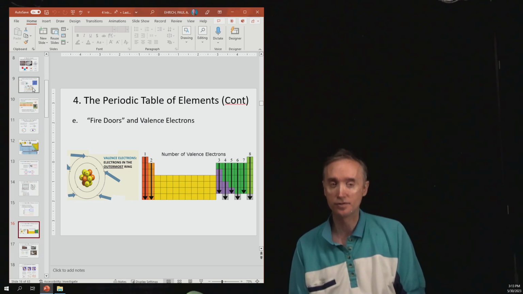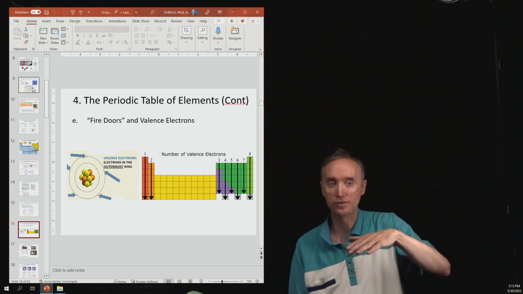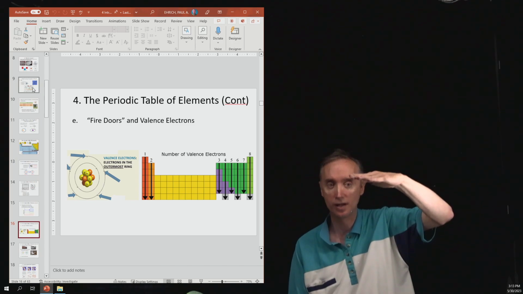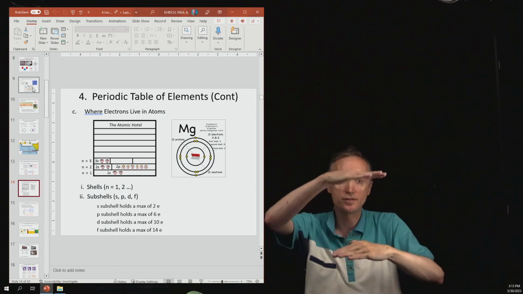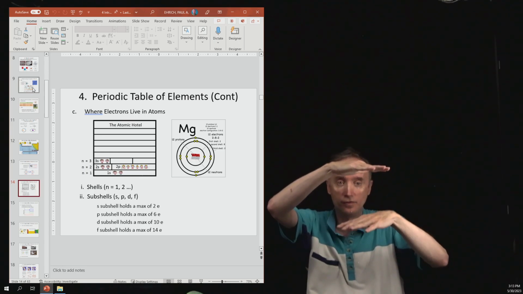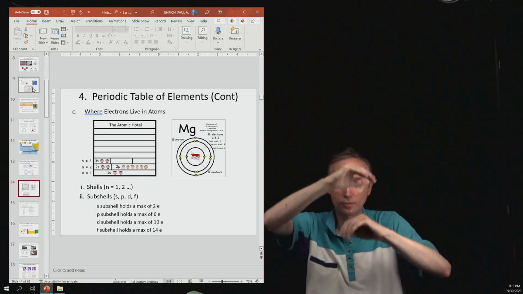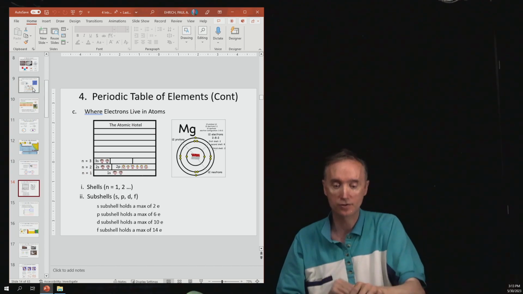The other electrons don't. The other electrons are buried. So the uppermost electrons in the apartment building, those are the valence ones. The electrons underneath the valence electrons don't participate in chemical reactions.